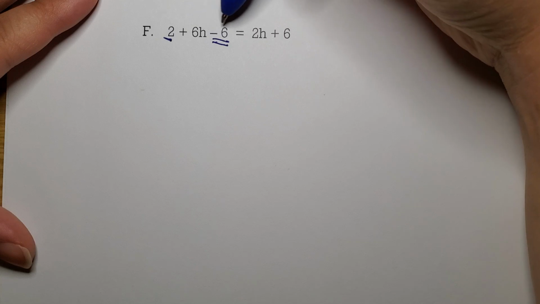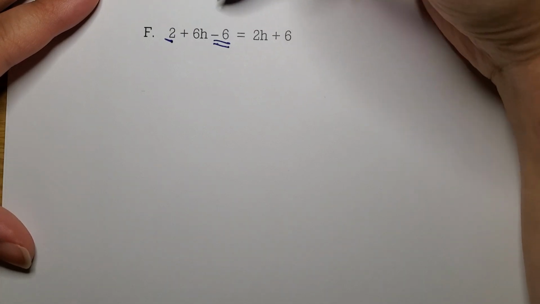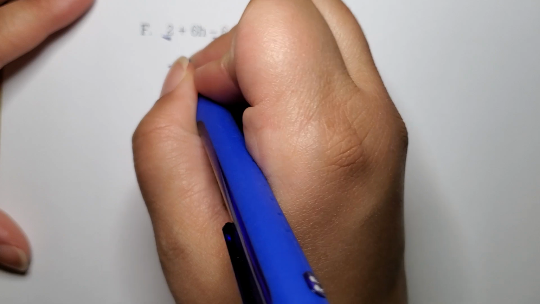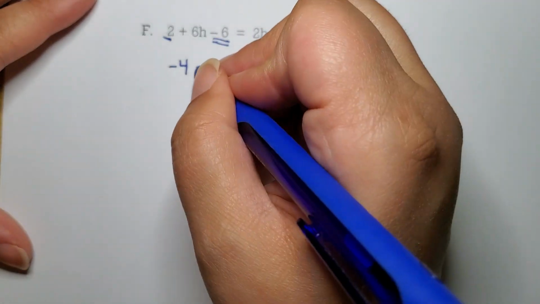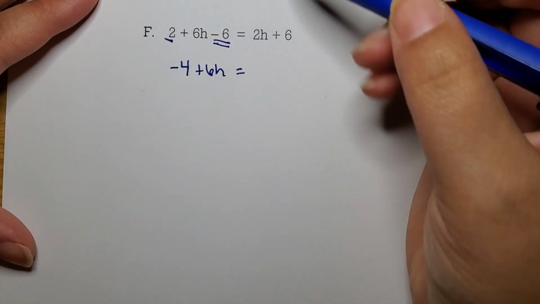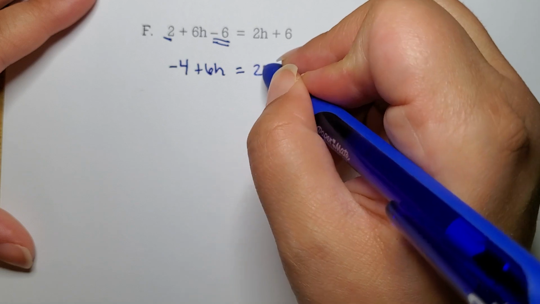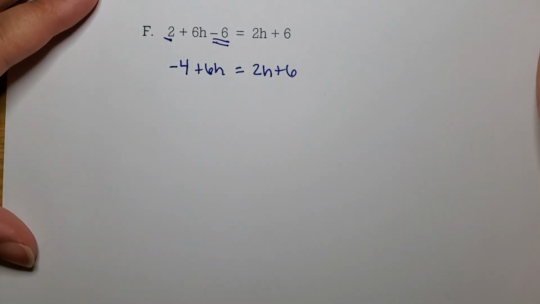And see how they're on the same side of the equation? I can combine these like combining like terms. So 2 minus 6 is a negative 4. And then I have this plus 6h. On the right-hand side, the 2h and the 6 are not like terms, so I'm not going to do anything with them. I'm just going to bring them down.